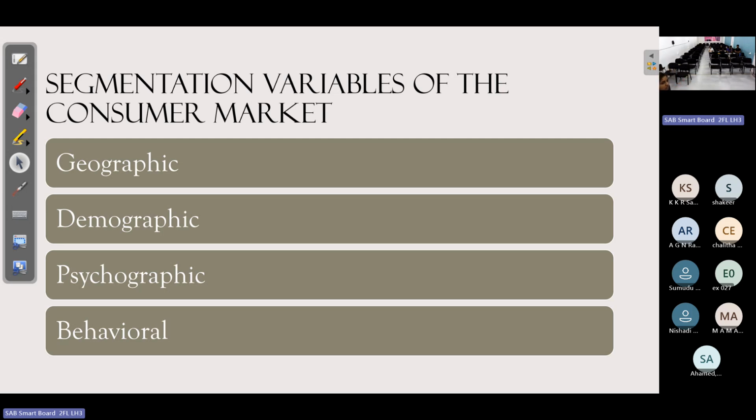So you can note down those points under geographic and demographic. I hope you have written examples. For psychographic, it includes mainly personality, that includes social values.